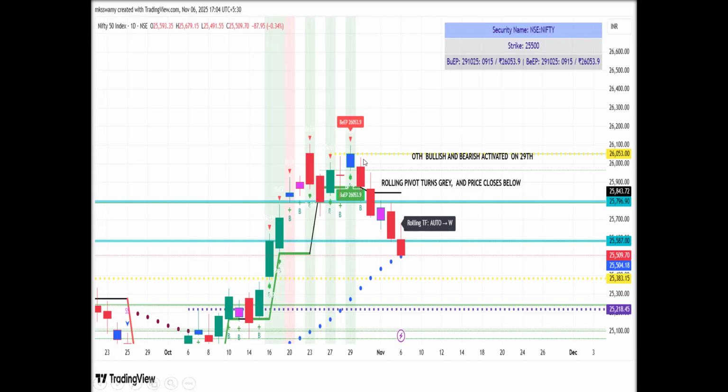If you had taken the 26,000 put option and held that position by seeing this bear line, you could have made a lot of money. It was trading around peanuts and has now gone to a premium. That is the use of the indicator which I have developed. It is a universal indicator that can be utilized for swing trading as well as positional trading.